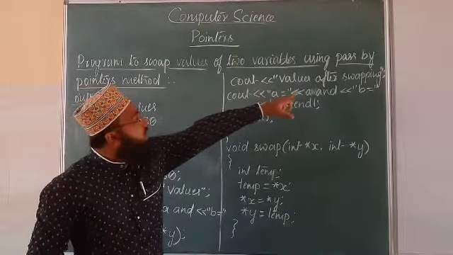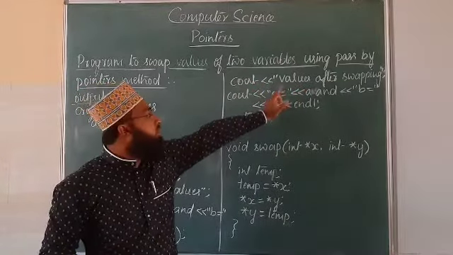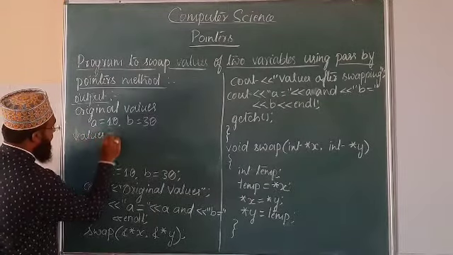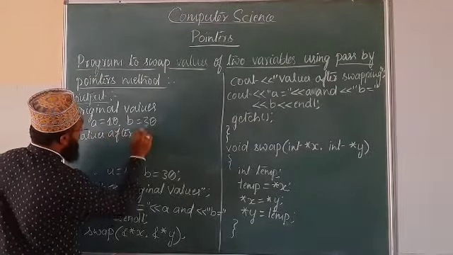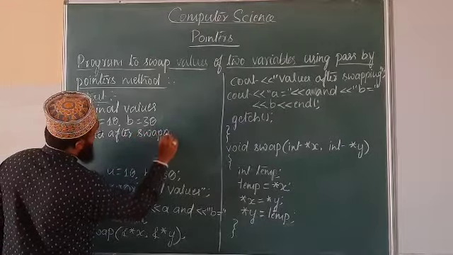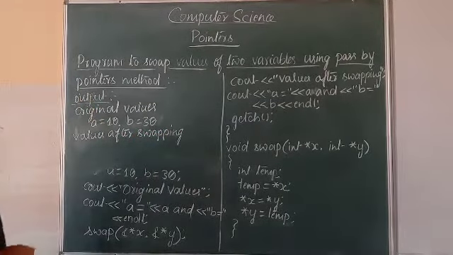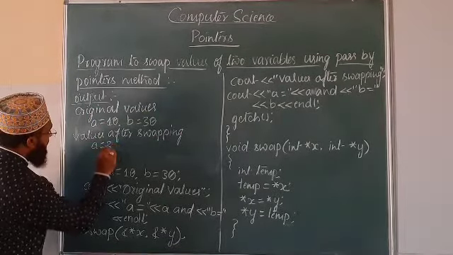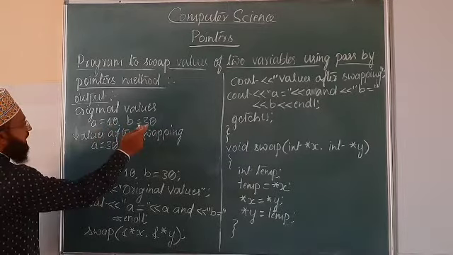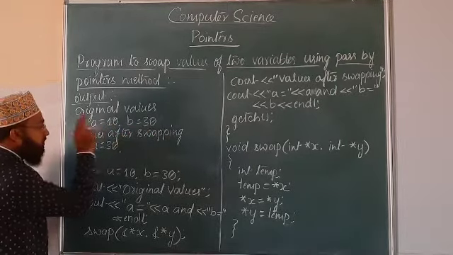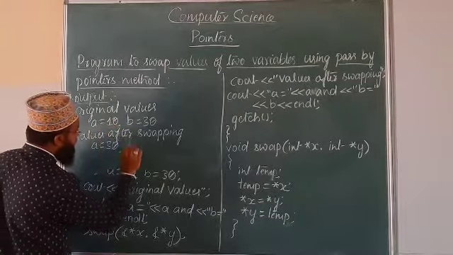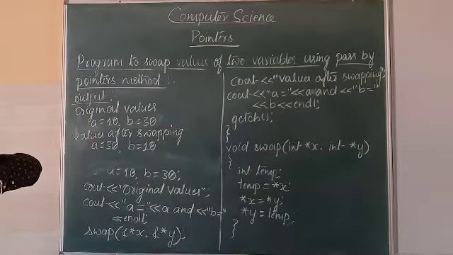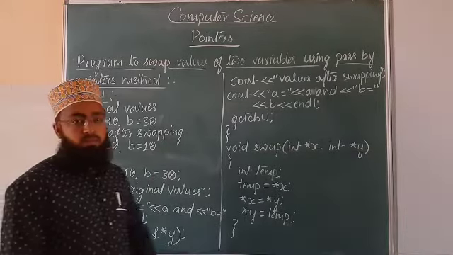After swapping, we have to check the values. The output will be like this: values after swapping. The values will be printed as A equals 30, the value of A is swapped with the value of B, and B equals 10. Like this, you will get the output of your program.